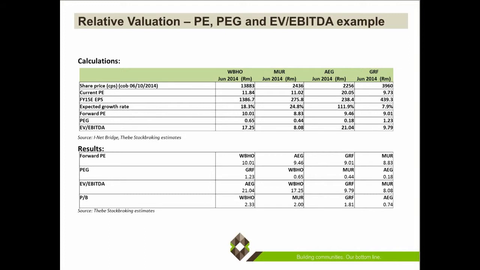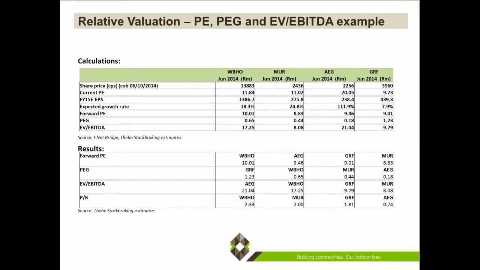When we look at the PEG ratio, your forward PE is your price divided by your next year's EPS, and your PEG ratio is the current PE divided by the growth, that is the EPS growth rate.